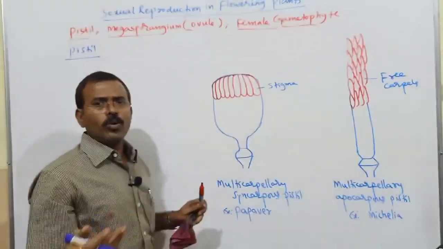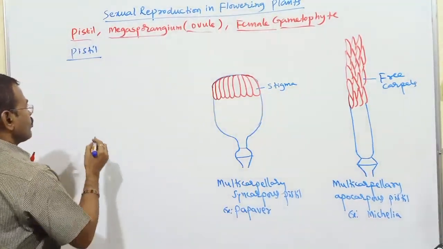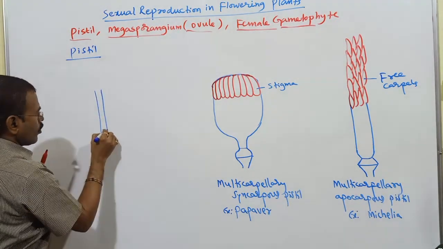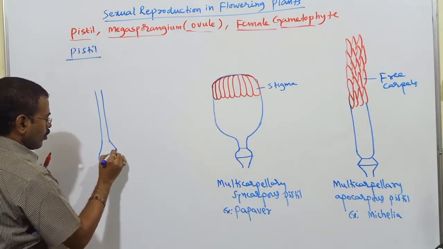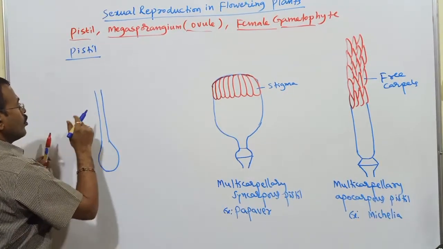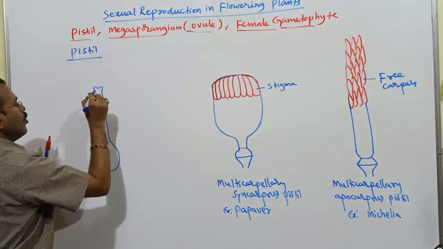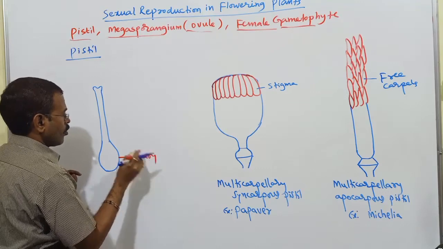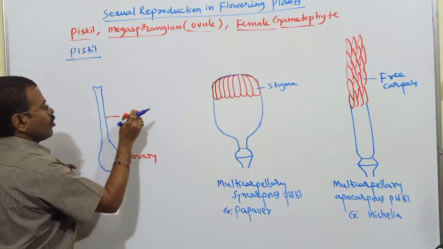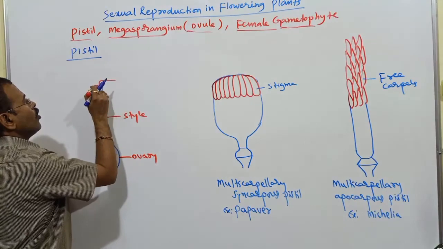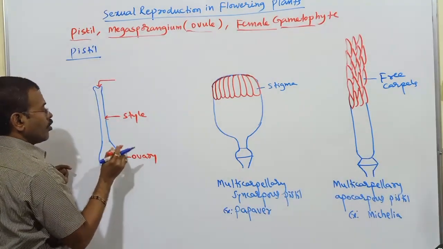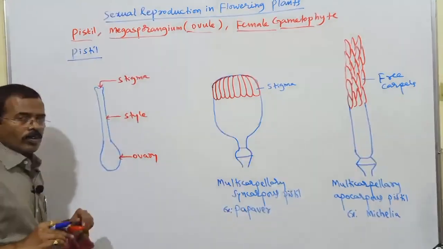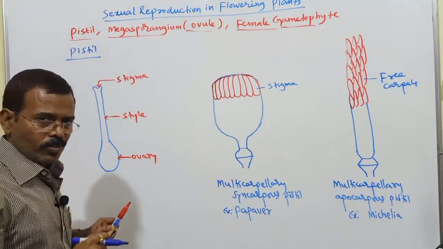When we take the gynoecium or pistil, we know that there are three parts.